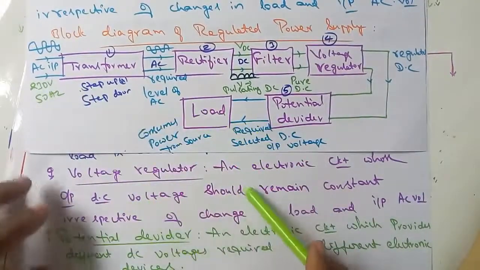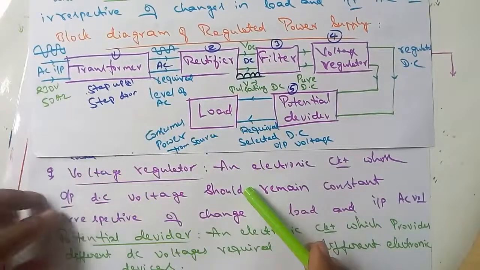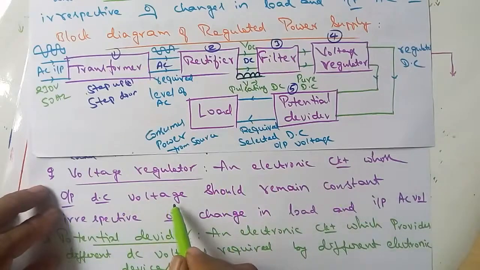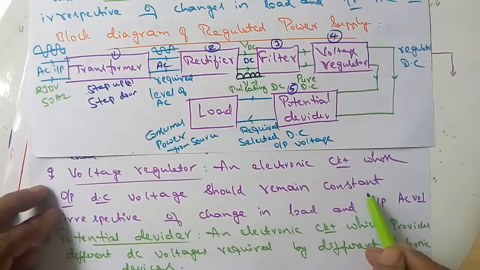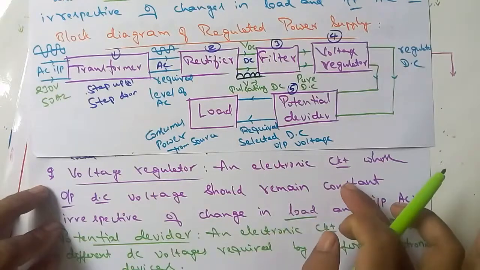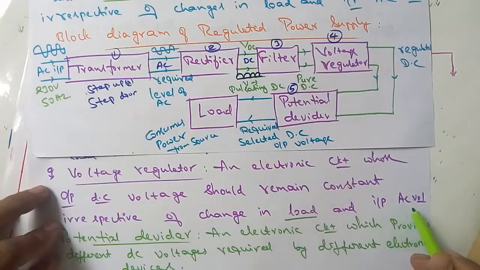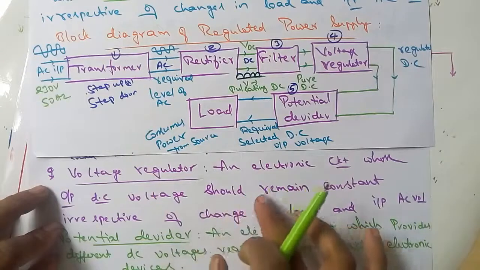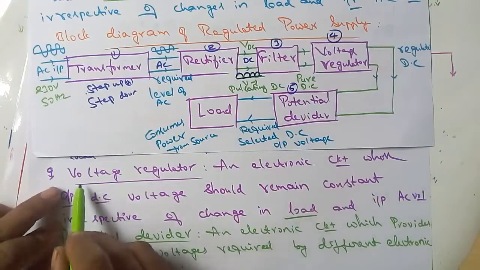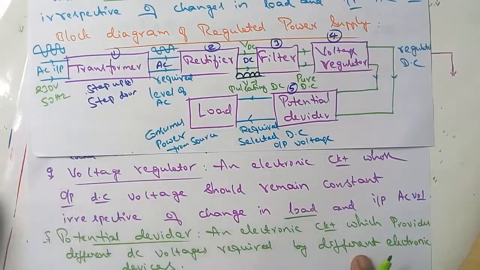An electronic circuit whose output DC voltage remains constant irrespective of changes in load and input AC voltage. Whether the load changes or the input AC voltage changes, the output DC voltage remains constant. This electronic circuit is called the voltage regulator.